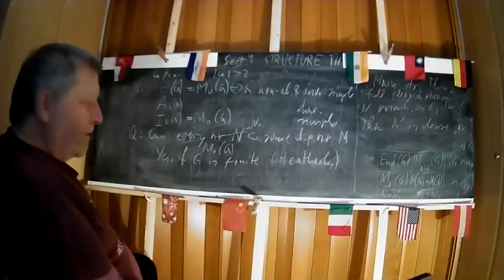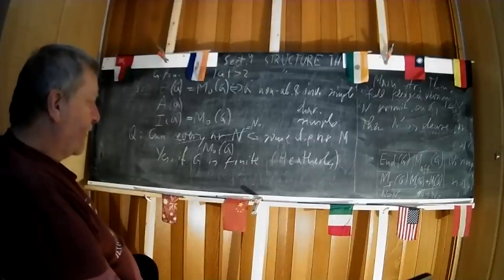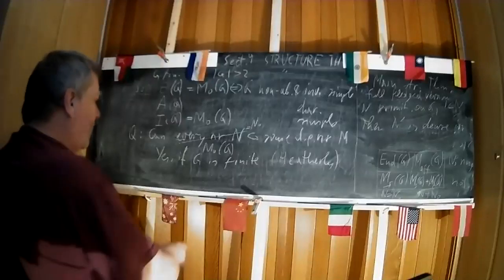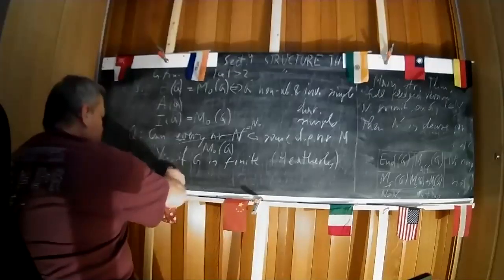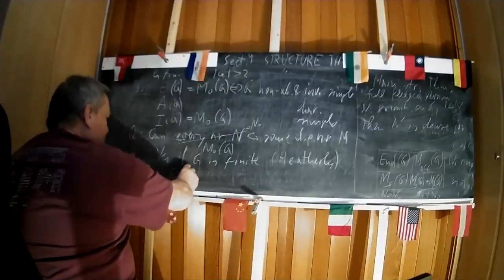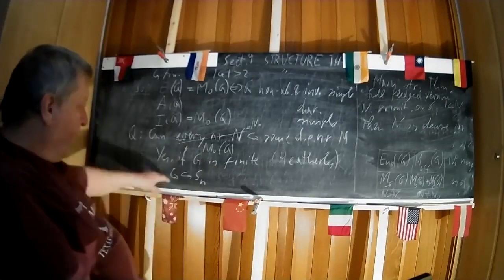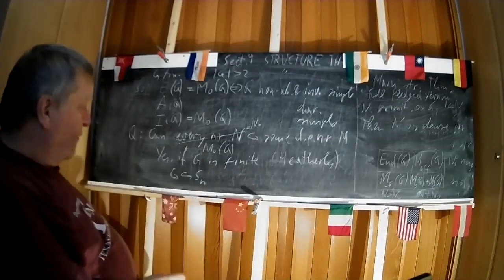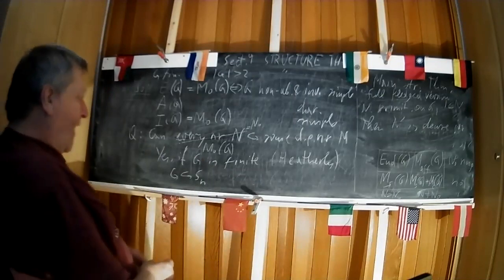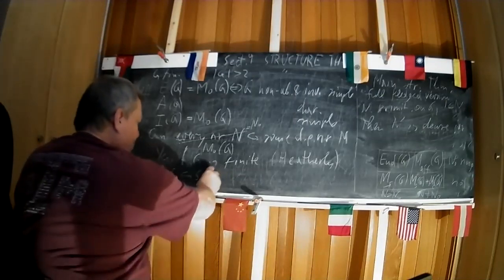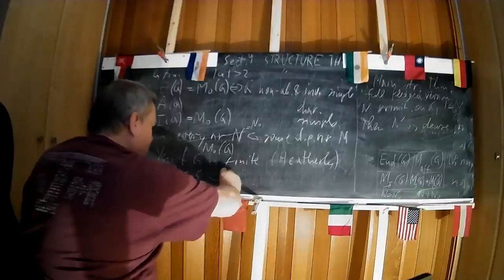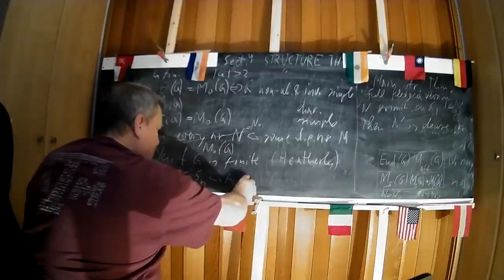And in this case, it's done in the following way. First embed G into some full symmetric group. Every group can be embedded into a full permutation group. And S sub n can further be embedded into the alternating group on n plus 2 elements.